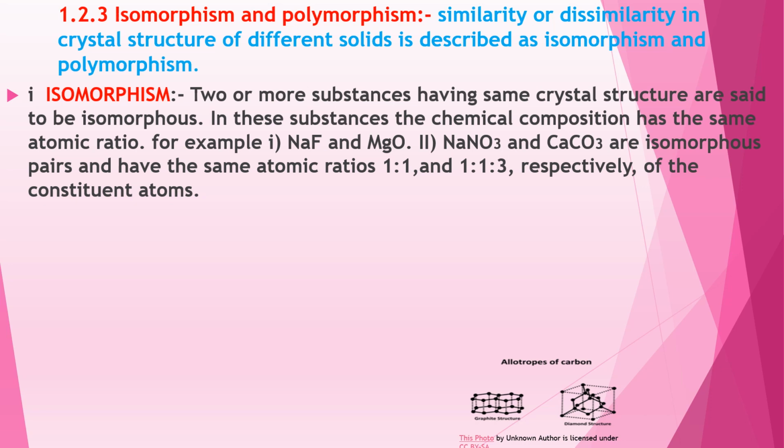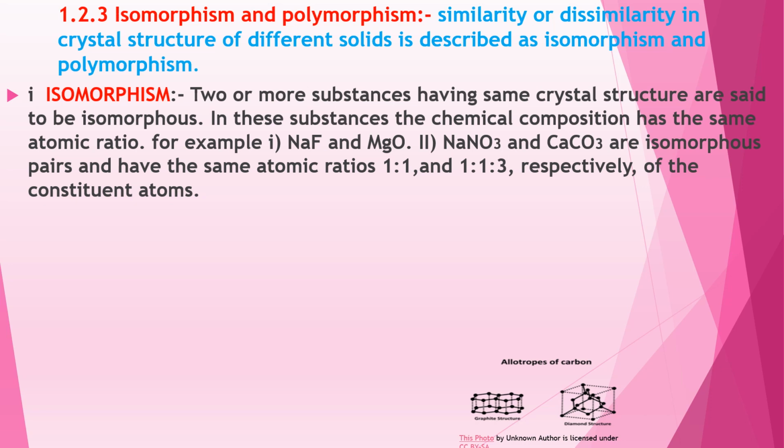In these substances, the chemical composition has the same atomic ratio. For example, NaF and MgO. Second one, NaNO3 and CaCO3 are isomorphous pairs and have the same atomic ratio, that is 1:1 and 1:1:3 respectively of the constituent atoms.